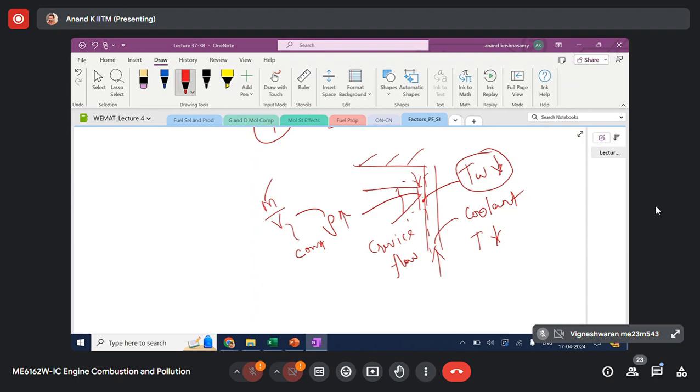The mass will increase, sir. Mass will increase. So there are two important effects with lower temperature in the boundary. One, contraction, increase in radial clearance. Second, increase in density of the crevice mixture. When I say increase in density of the crevice mixture, I'm increasing the crevice flow mass.